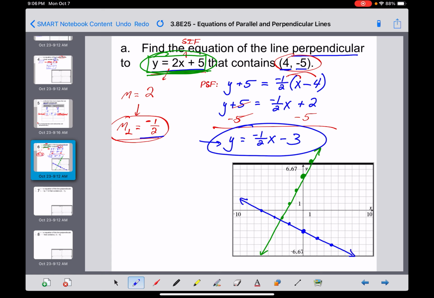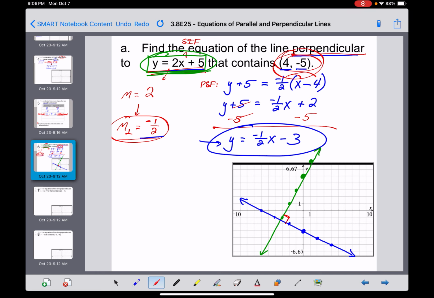Now, let me go back and make sure that this blue line does the two things that this problem said it needed to do. First of all, our line in blue needed to be perpendicular to the original green line. And I'm just asking you guys to eyeball this one, but it definitely looks like we've got a right angle there. Second of all, the blue line that we drew needed to contain the point 4, negative 5.